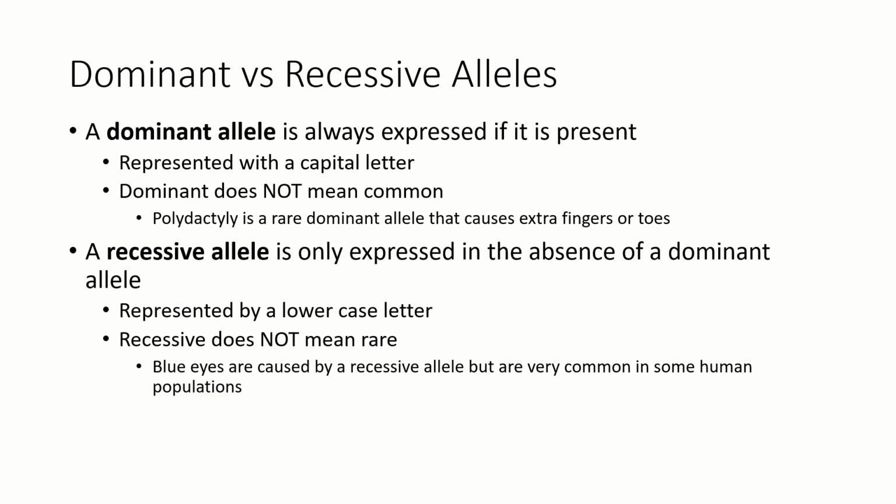For males who have an XY, they only need one copy of the hemophilia allele to express the trait. All right, so that's something to keep in mind. We're going to practice these things, so don't worry, you'll get practice and it'll all make sense.